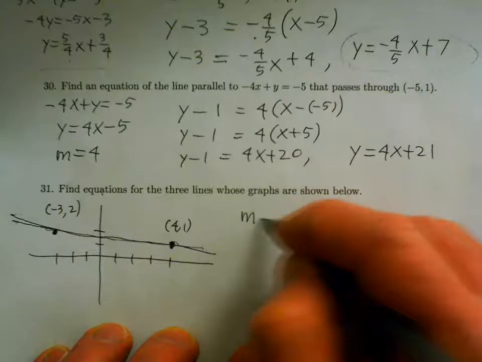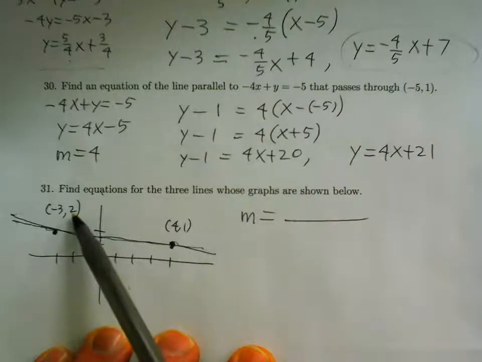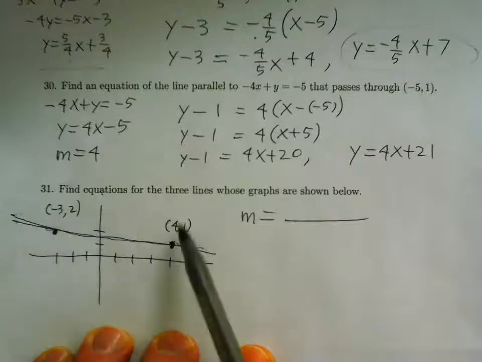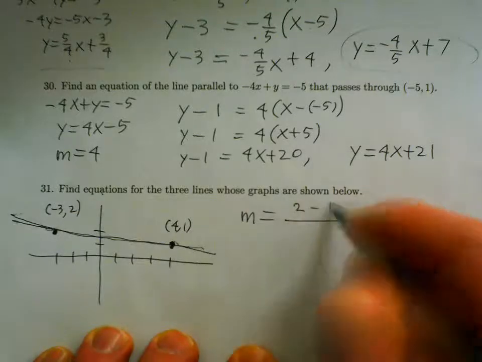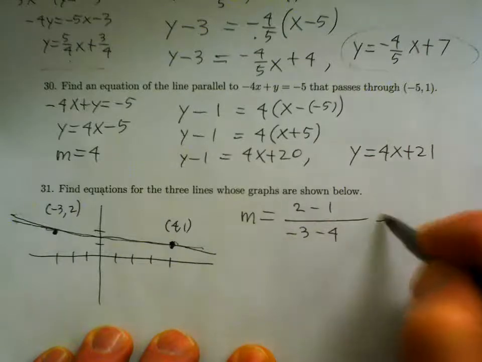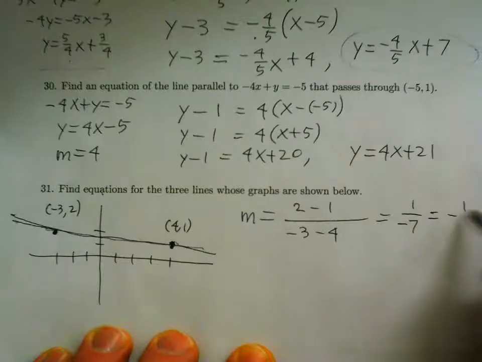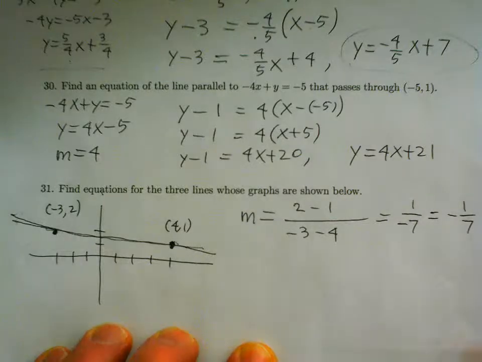Find the slope. We can write 2 minus 1 in the numerator, and in the denominator, -3 minus 4. So we get 1 over -7 or -1/7 for the slope.